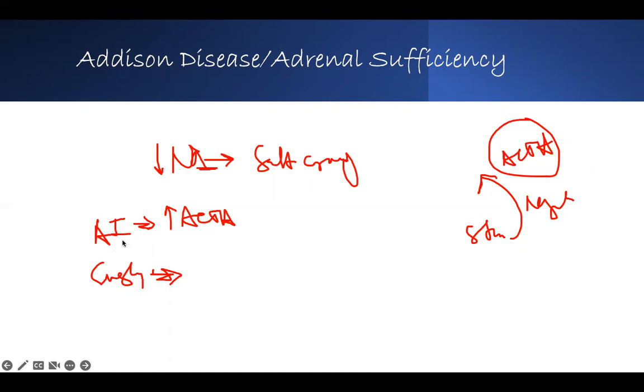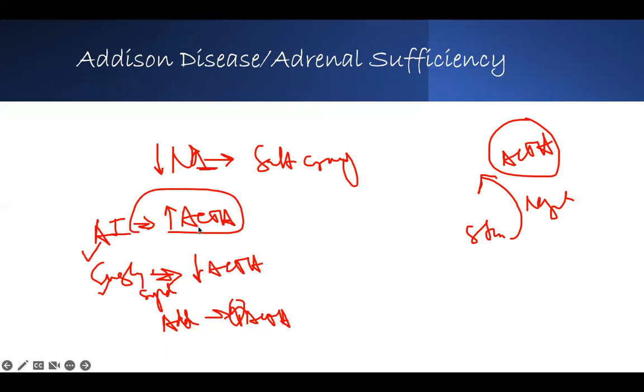So in adrenal insufficiency, you have more ACTH. In Cushing syndrome, you have decreased ACTH. But if it's Cushing disease, ACTH will be high. I don't know if they will ask you. But if they say Cushing syndrome versus adrenal insufficiency, adrenal insufficiency has high ACTH and Cushing syndrome has low ACTH.